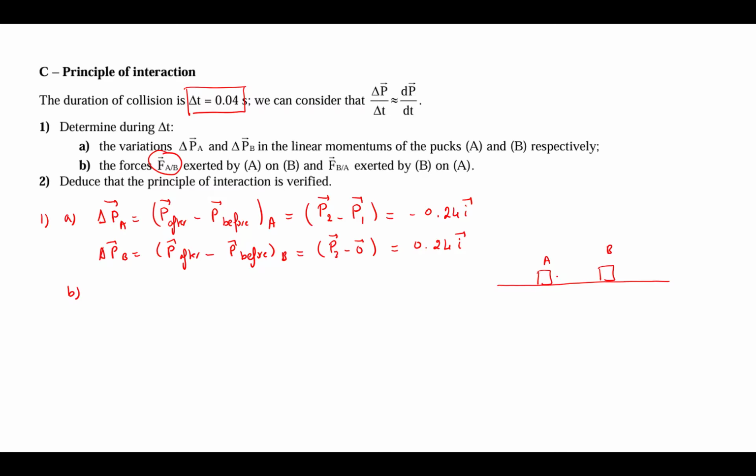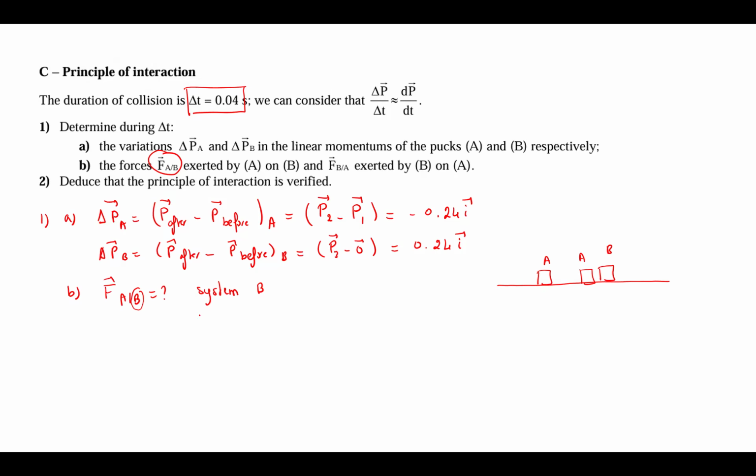During the collision, A did a collision with B. So if my aim is to calculate the force done by A on B, then I'm studying the forces done on B. So the system that I must take is only B.